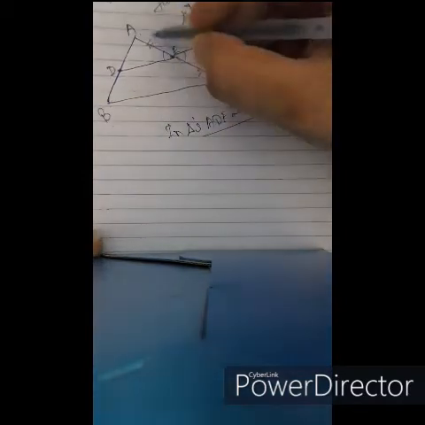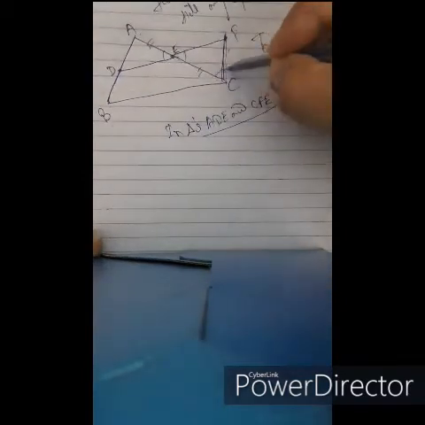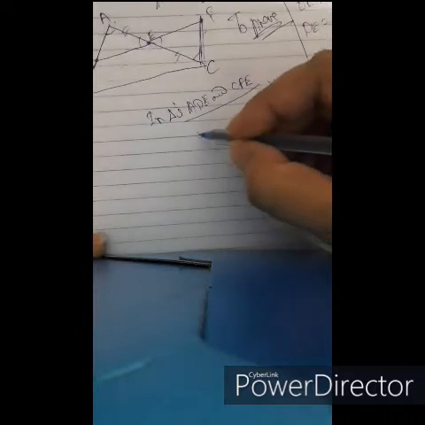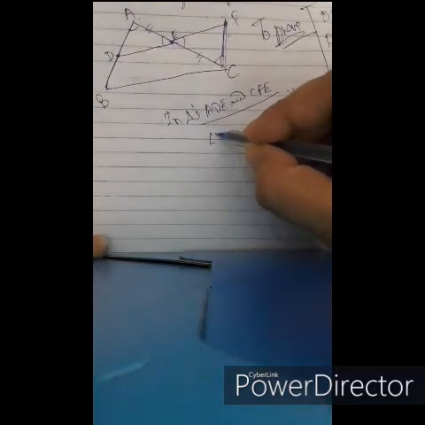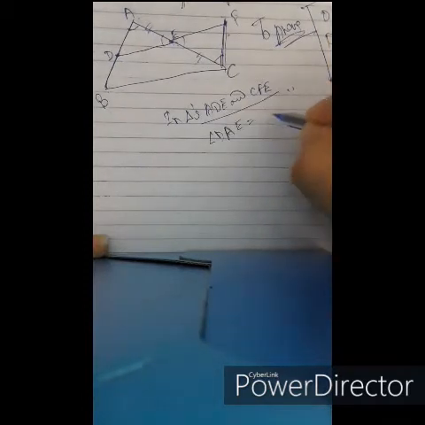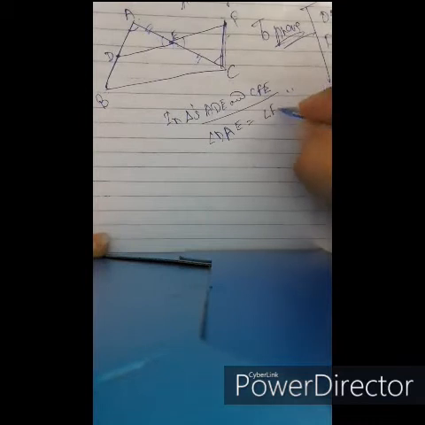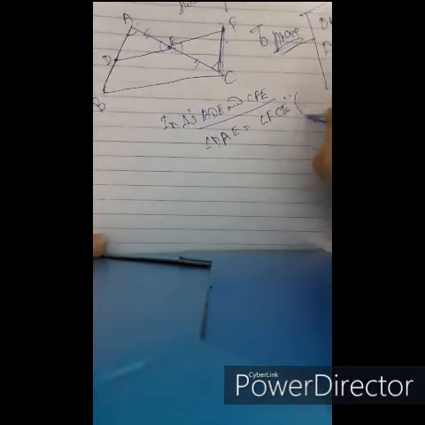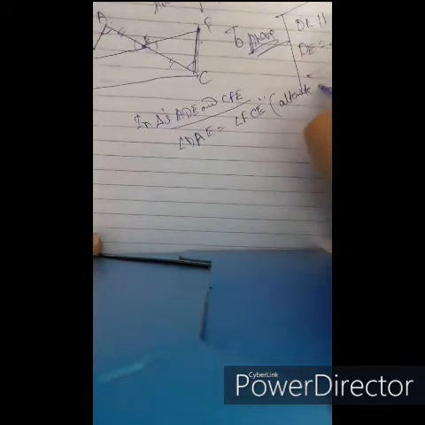So these are the alternate angles. Here we'll write angle DAE equals angle FCE, alternate angles.